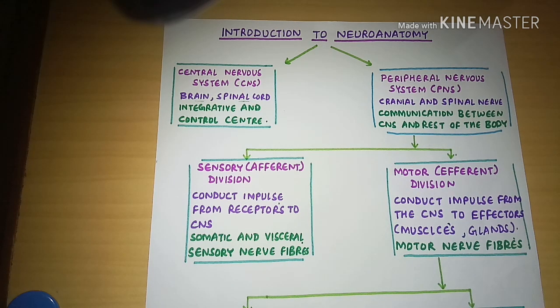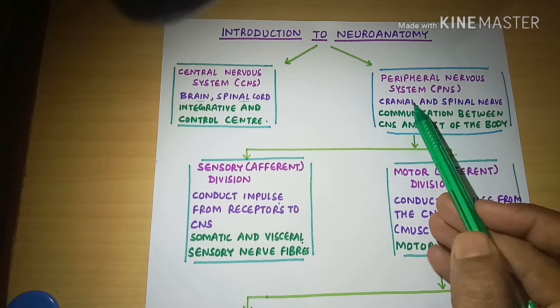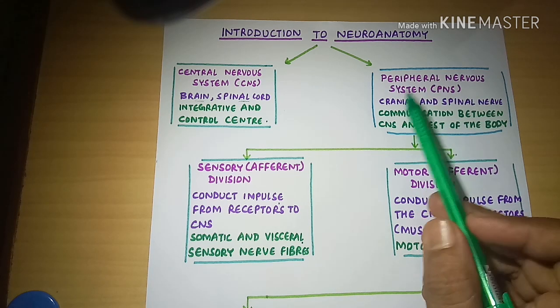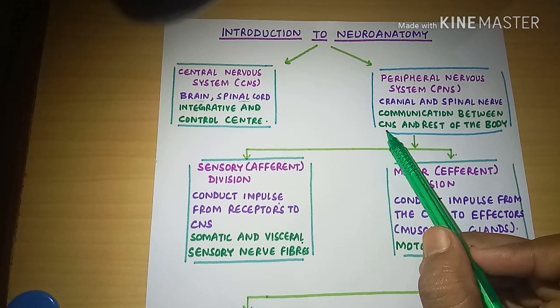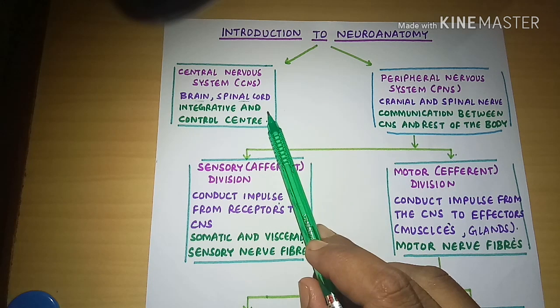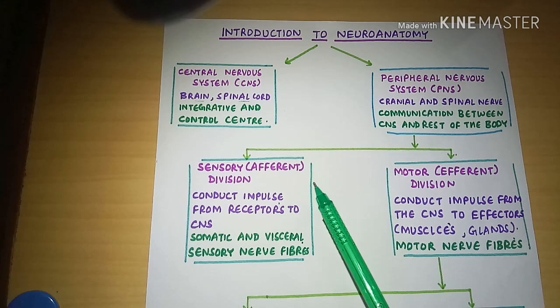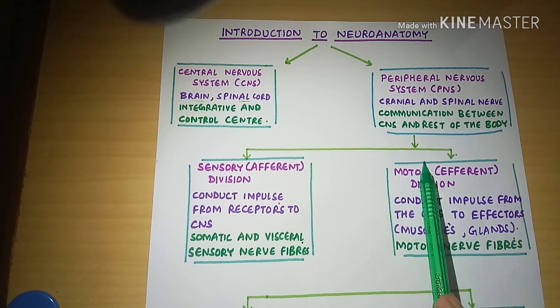They communicate between the CNS and the rest of the body parts. The peripheral nervous system is a conduit, making communication between the central nervous system and the rest of the body parts, isn't it? The peripheral nervous system is further divided into two types: the sensory division and the motor division.